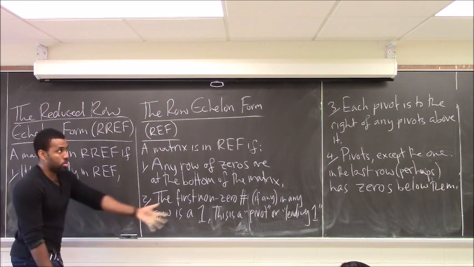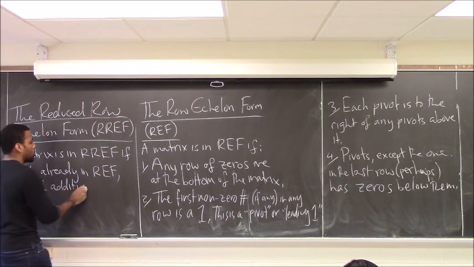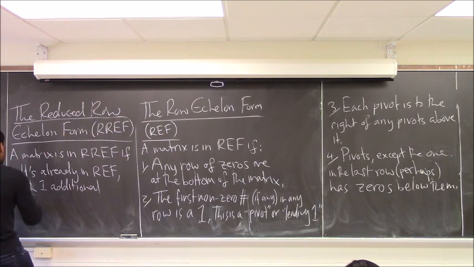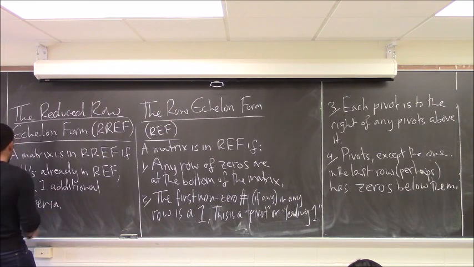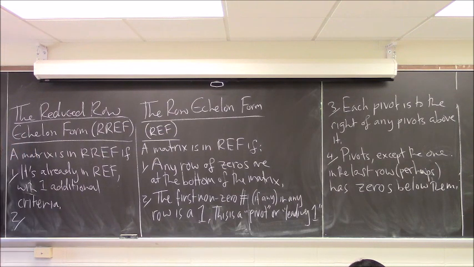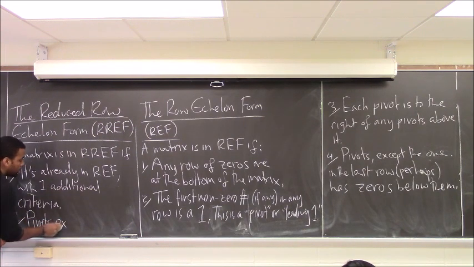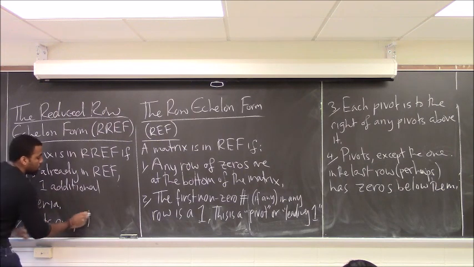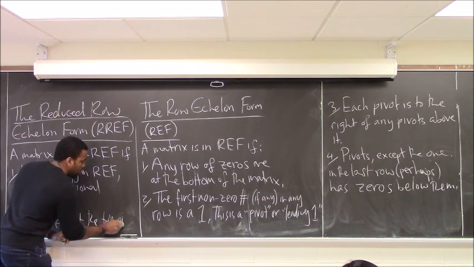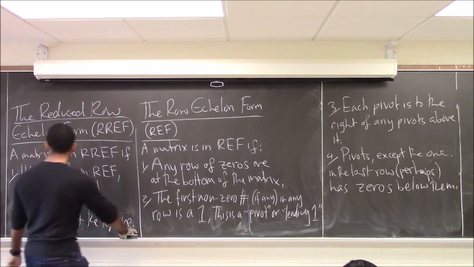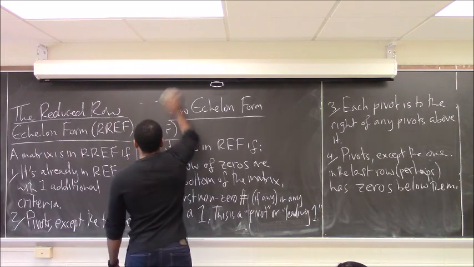So all of these will be fulfilled except one thing more, which is that pivots, except the top one, we'll also have zeros above them.